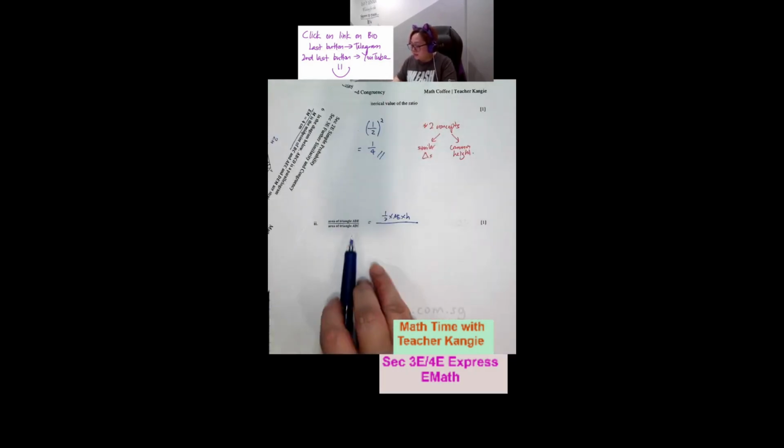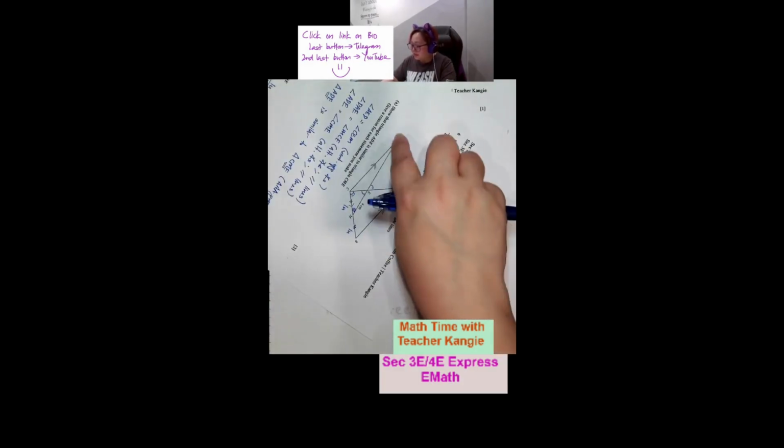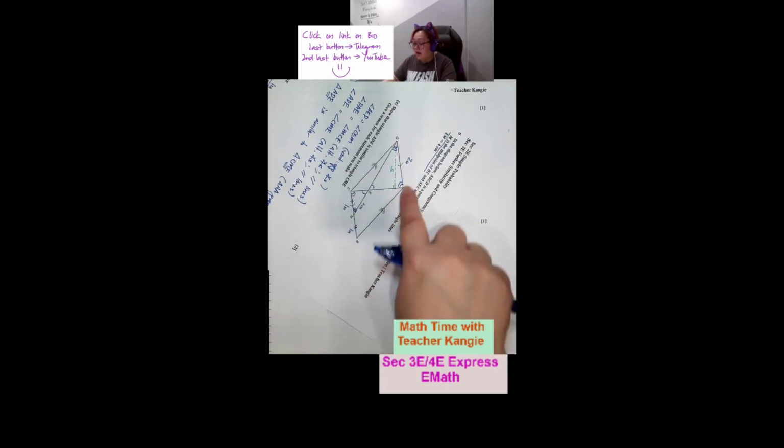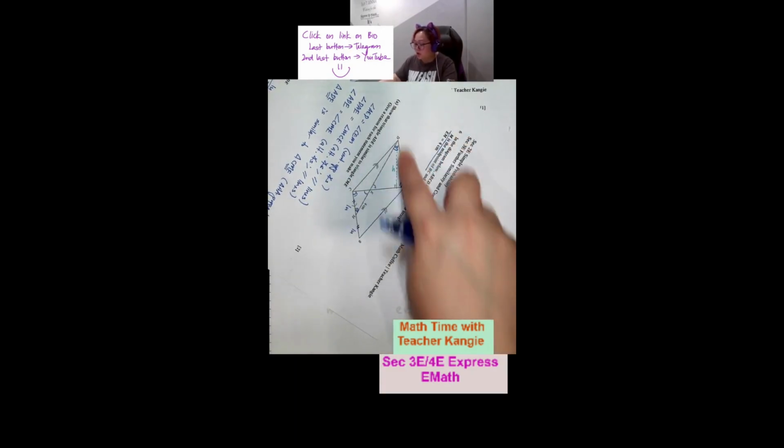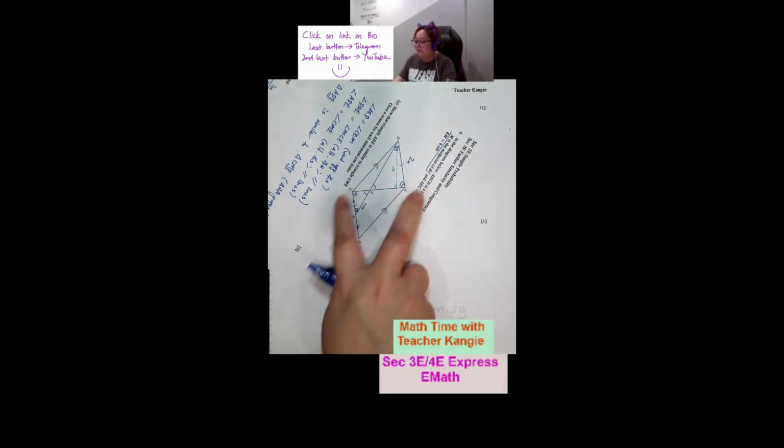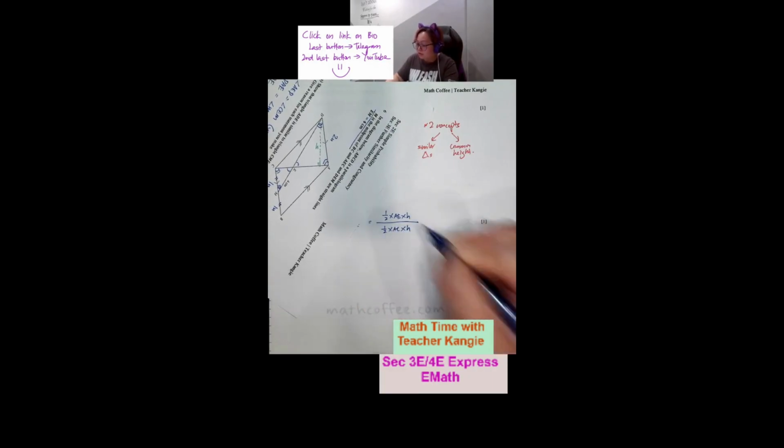Okay, then the second triangle here is ADC. I have to use the same height. How do I find the area of this whole ADC? I have to take half times the base, which is the AC, multiplied by the same height. The height is always perpendicular height, alright? So I will write it as half multiplied by AC multiplied by the height.